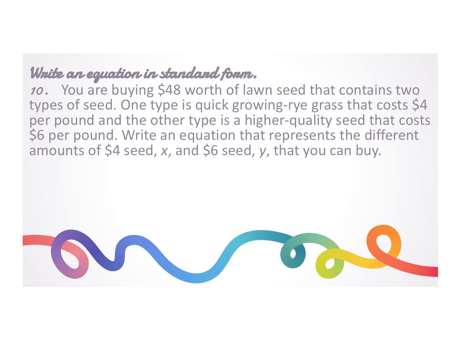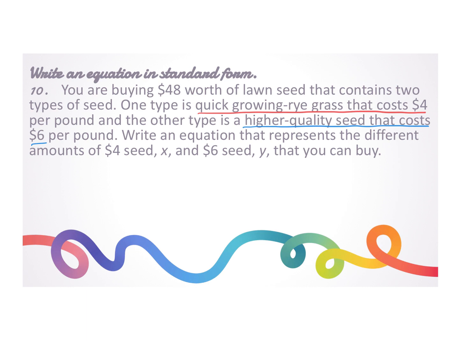Okay, we have one last one here. It says you're buying $48 worth of lawn seed that contains two types of seed. One seed is quick growing ryegrass. So the quick growing ryegrass is $4 a pound. And the other type is the higher quality seed that is $6 per pound. Now it wants us to write an equation that represents the difference between the $4 seed.